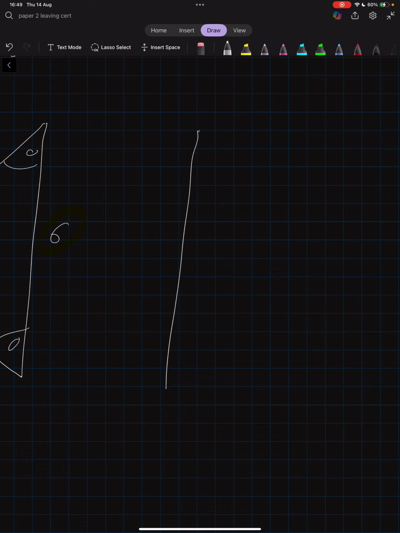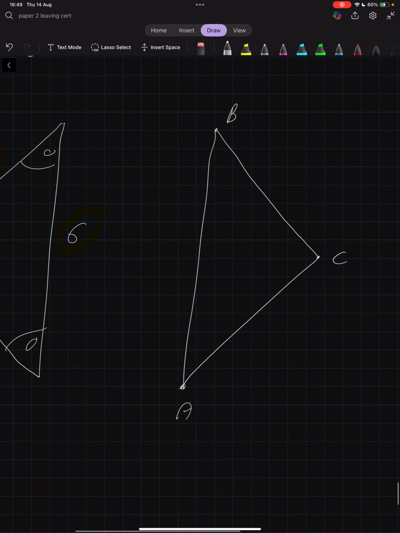Because if I told you this is point A, this is point B, this is point C. If I said walk from A to B, you might walk a length of 10. If I told you to walk to C first and then walk to B, you'd have to walk a longer length. So if this is 5, this might have to be 6 or 7, or 8 or 9 or 10 or 11 or whatever.